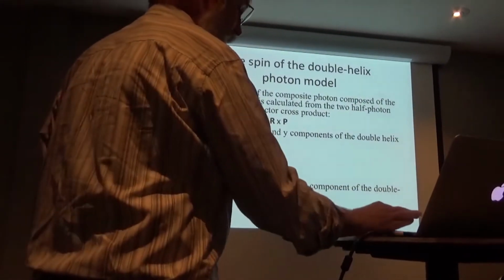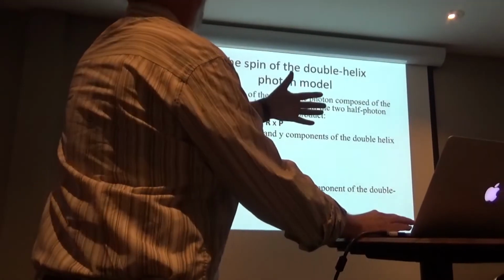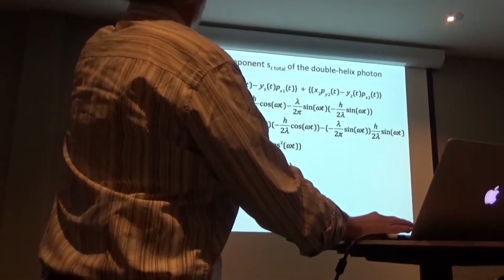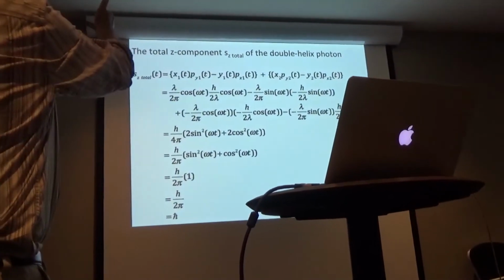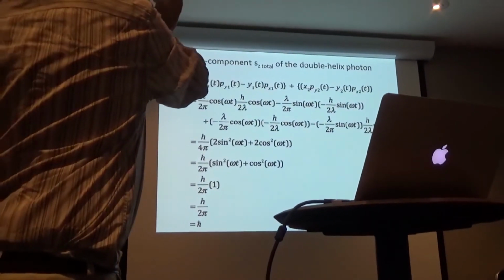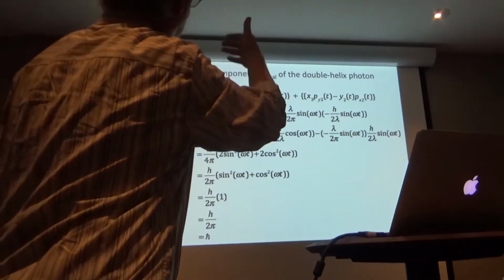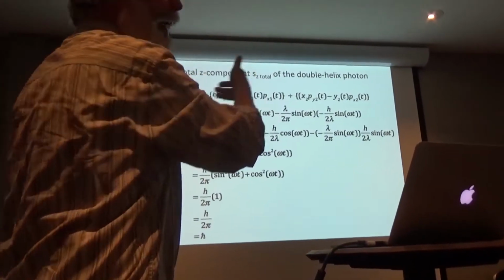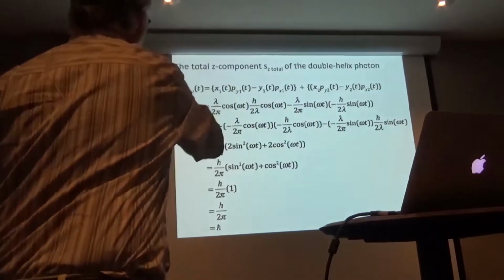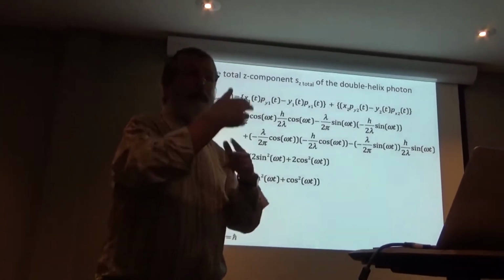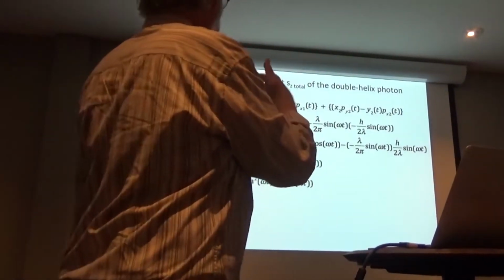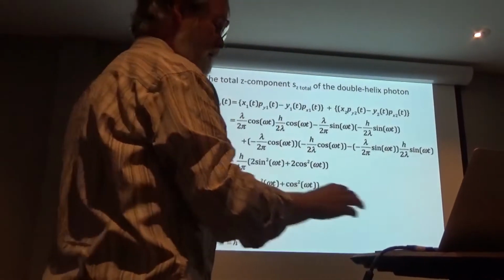The calculation of the z component, the longitudinal component, by the standard calculation, is x py minus y px, and you do it for both of those. It comes out h bar. So this is just to show that the model itself has the correct parameters for a photon.